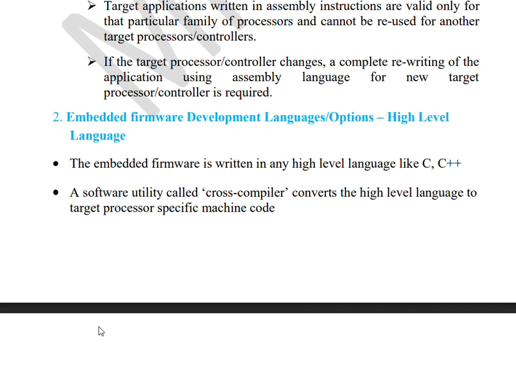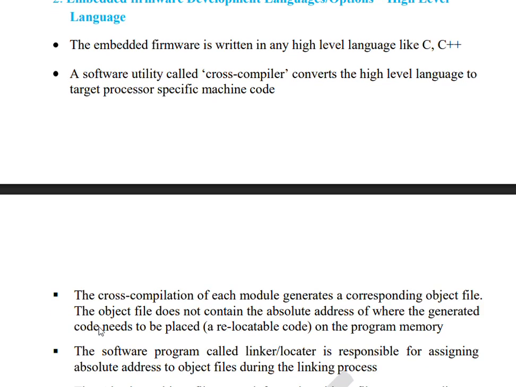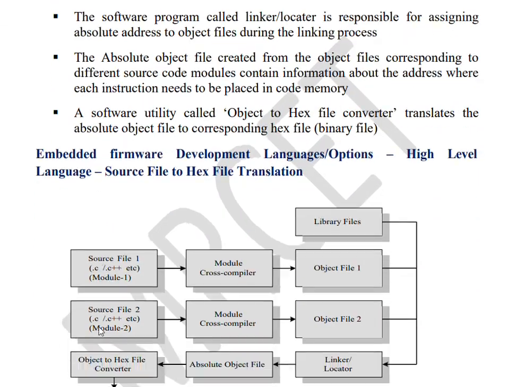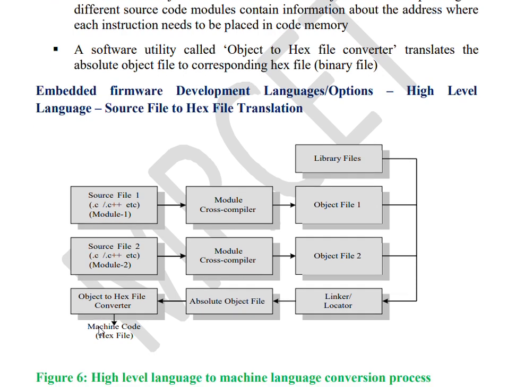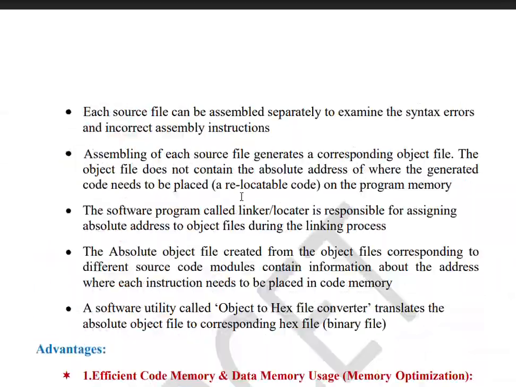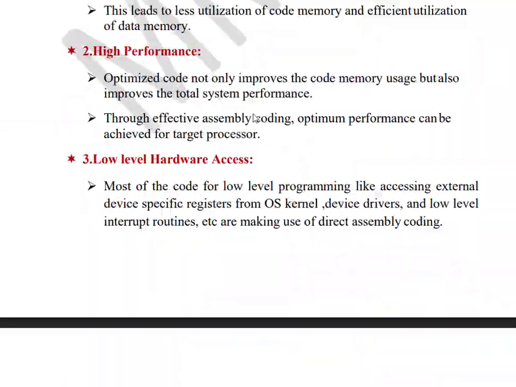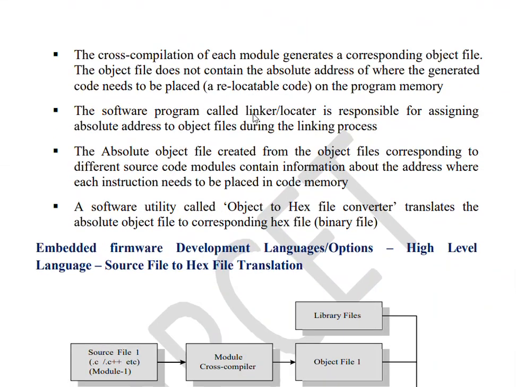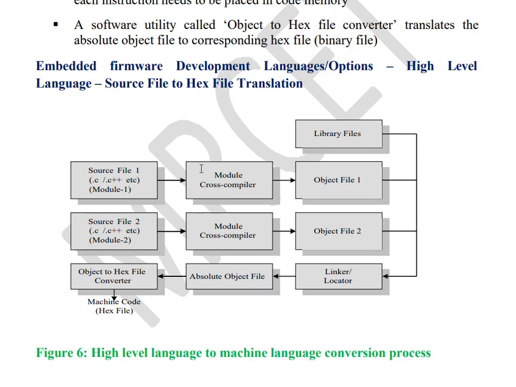Similarly, we also have embedded firmware development options using a high-level language. The basic difference is that there you will be using the linker locator and the module assembler, whereas in high-level source file to hex file translation you will use the module cross compiler.